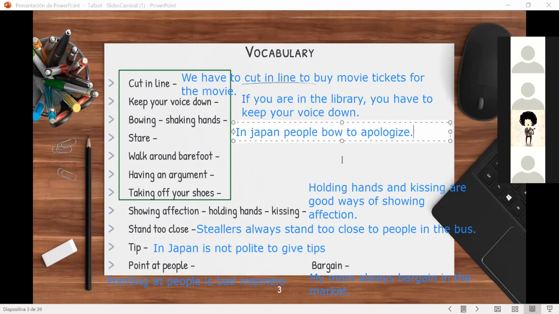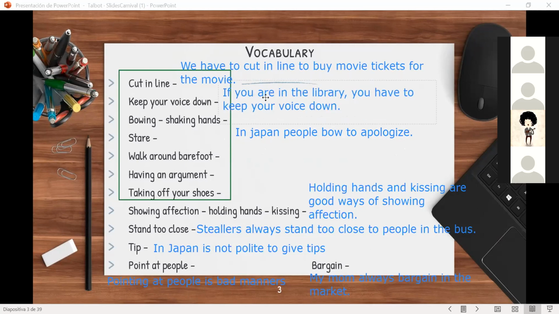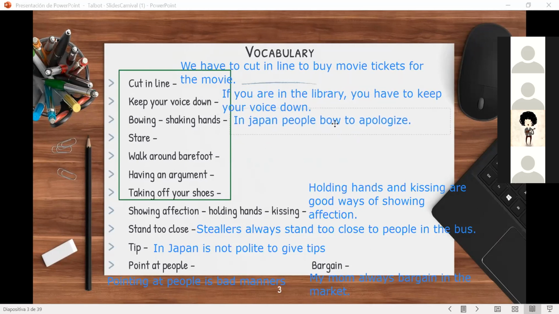Porque acuérdate, Eric, que el plural de person, es decir, cuando quieres hablar de dos o más personas, ya vamos a ocupar la palabra people. ¿Sí? Person solo para una persona. People para más de dos. Y por eso aquí pusimos people. In Japan, people. En Japón, la gente bow or is bowing to apologize, ¿no? Se inclina para pedir disculpas.